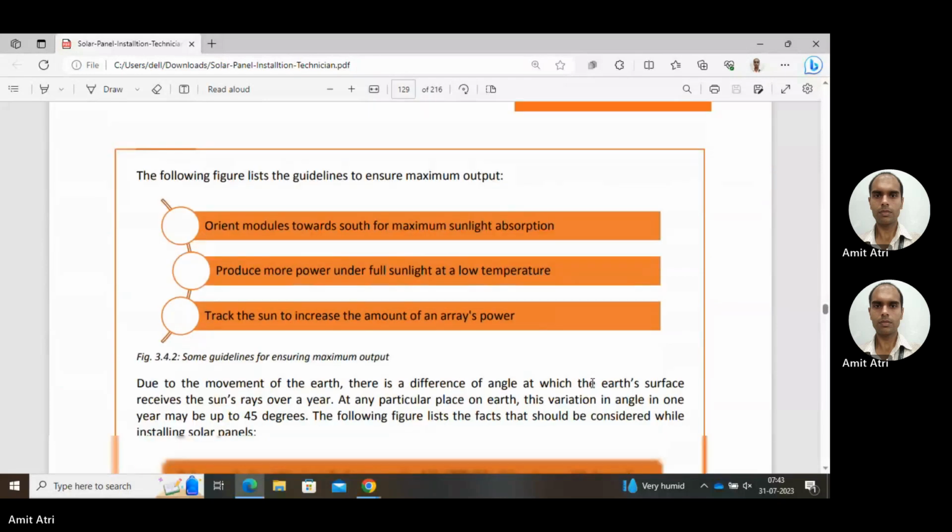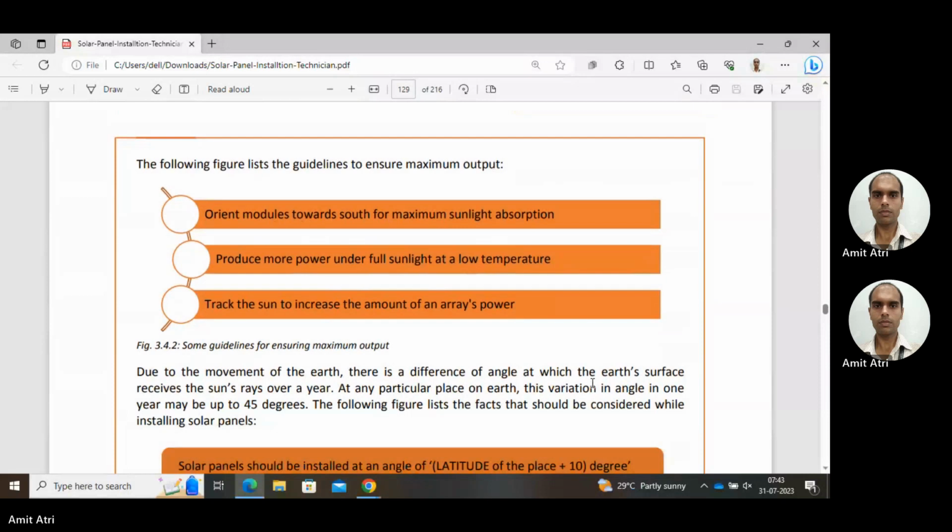So which are the guidelines? Orient modules towards south for maximum sunlight absorption. Next, they produce more power under full sunlight at a low temperature. Then track the sun to increase the amount of the array's power.